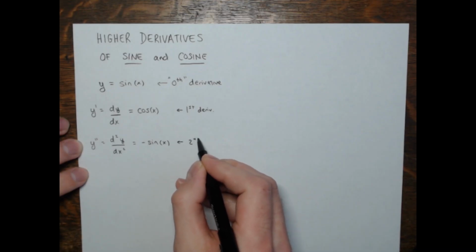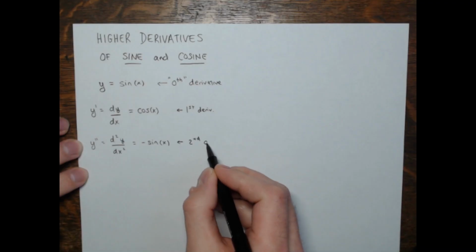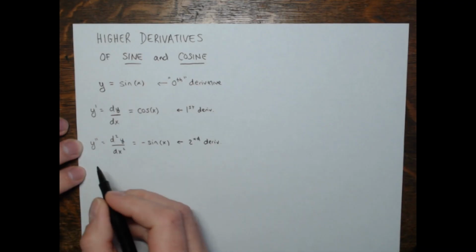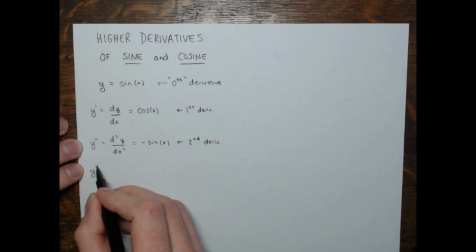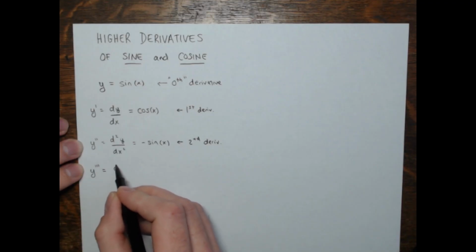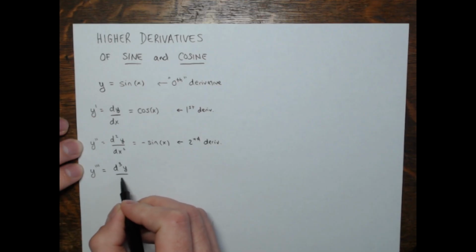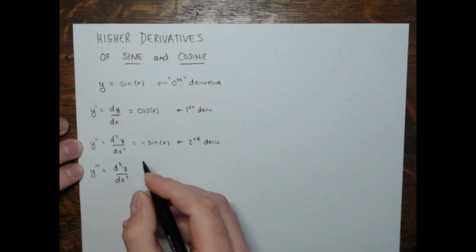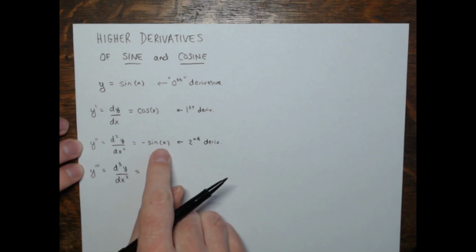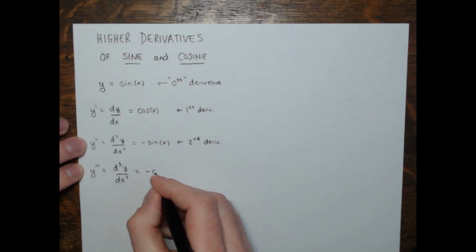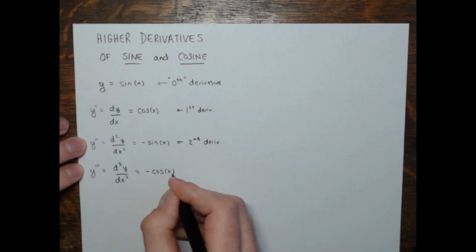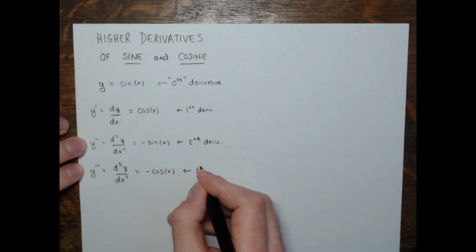Then the third derivative, y triple prime, or d cubed y over dx cubed. That'd be the derivative of negative sine, which would be negative cosine. So there's my third derivative.